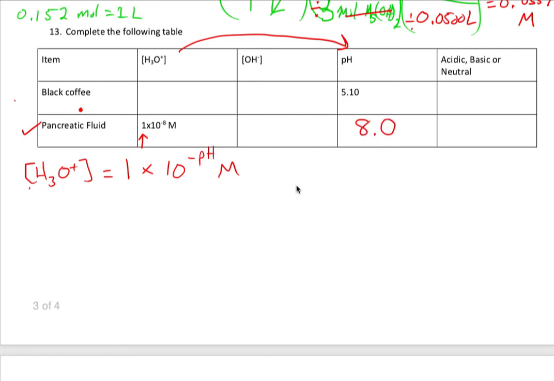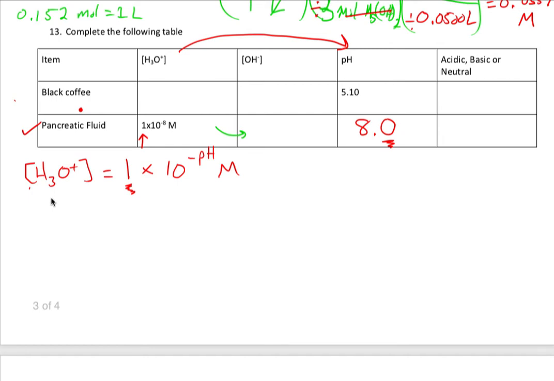So it's 8.0. Remember your sig figs, these weird sig figs when you're dealing with pH calculations. The number of decimals on the pH measurement corresponds to the number of digits in your hydronium ion concentration.